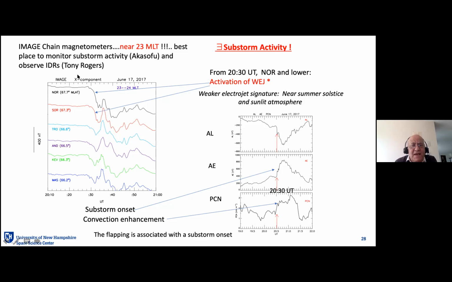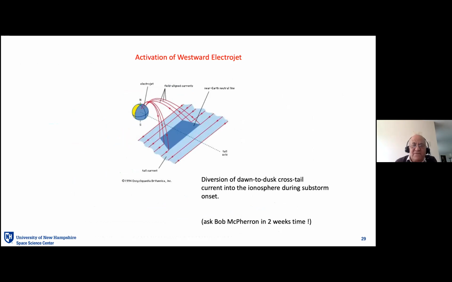And what do you see here? In this range, 67 to 68 degrees, you see a clear activation of the westward electrojet. You tell me, what is this westward electrojet you are mumbling about, Farrugia? I have a picture here.